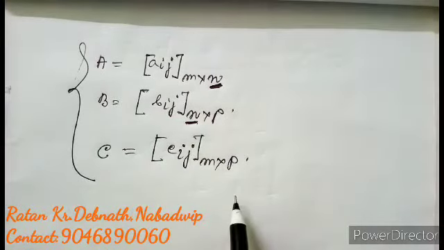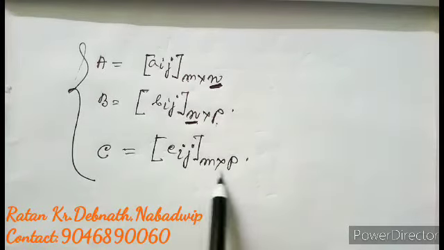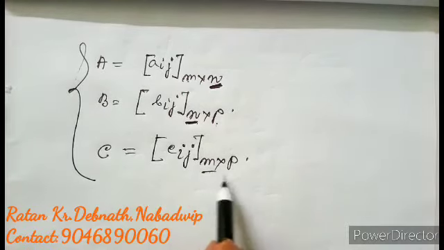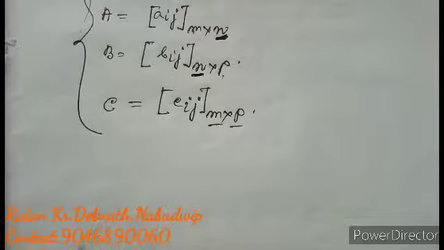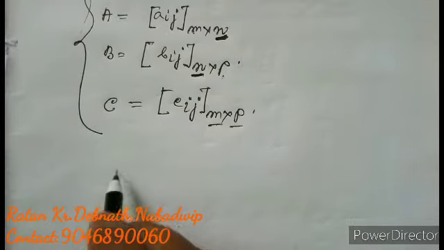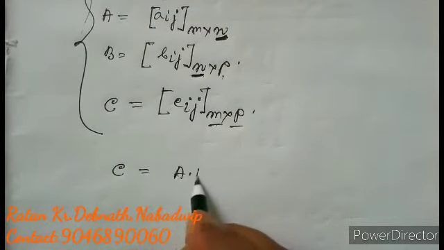The order of the resultant matrix will be M cross P. Otherwise, we can multiply two square matrices of the same order. In that case, we can write C equal to A into B.